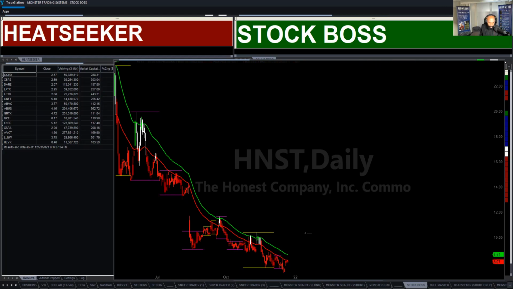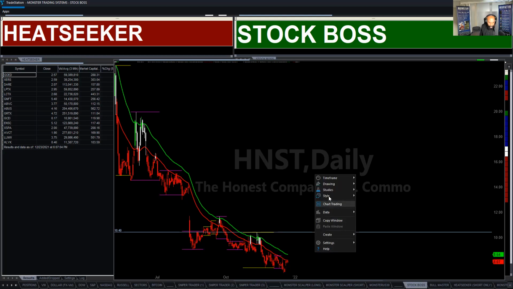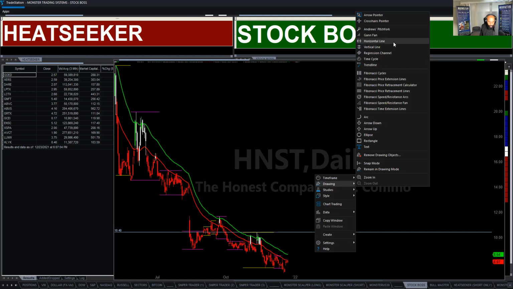I would look for an area of resistance to get a buy signal. Probably right now it's at $8. So I would look at a break of about over $10 to be able to get a buy signal. It's something that you can put on your radar.